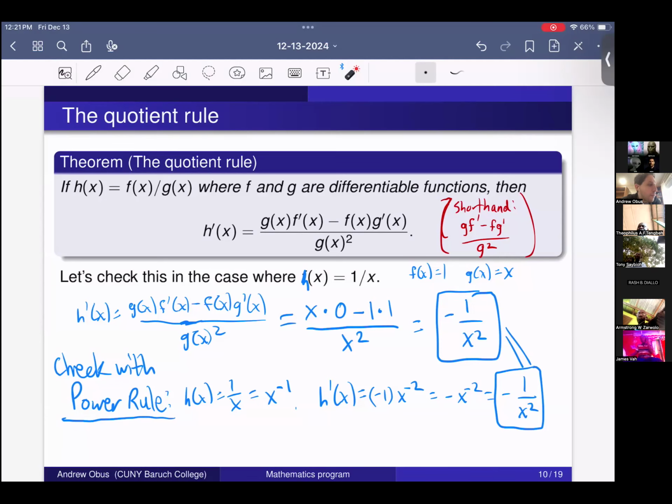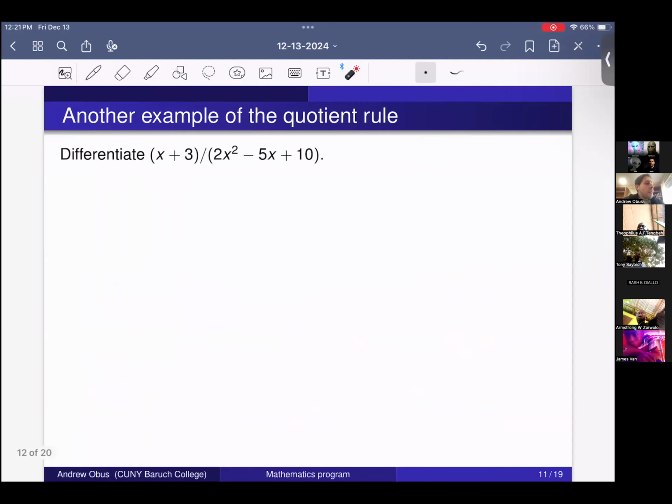Okay, let's do another example. So let's find the derivative of x plus 3 divided by 2x squared minus 5x plus 10. So note that for something like this, we cannot use the power rule. This does not simplify to something that you can just apply the power rule to.